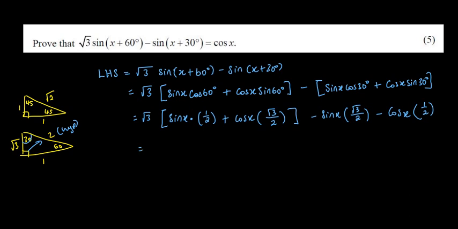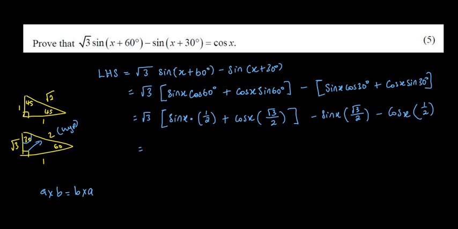Then from there we can try to multiply inside. It's not a must for this bracket to be starting first. Remember, since this is sin x times half, you can actually write it as half sin x, because a times b is equal to b times a. So here we can say, therefore we have square root of 3 multiplied by half.